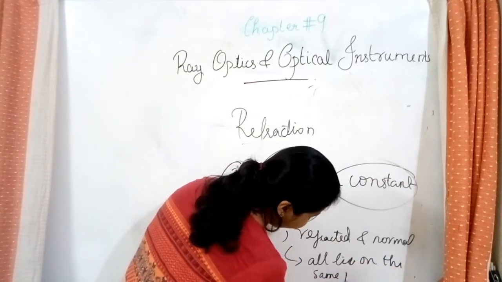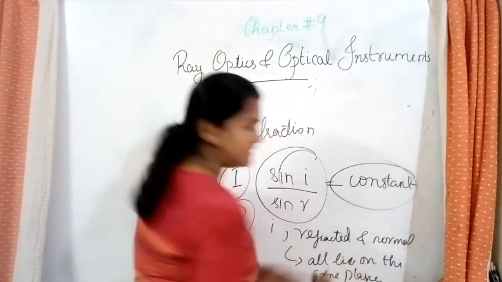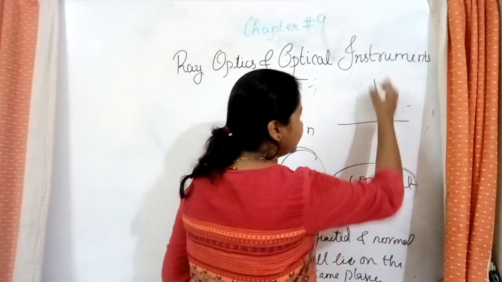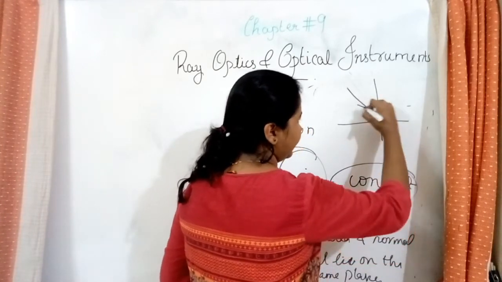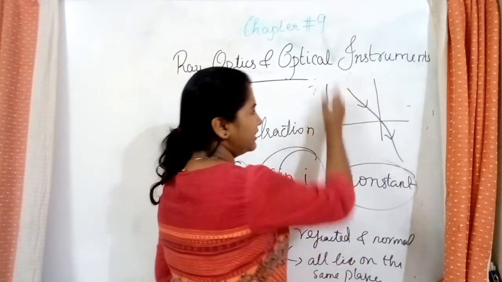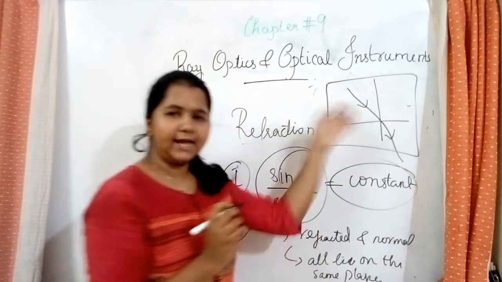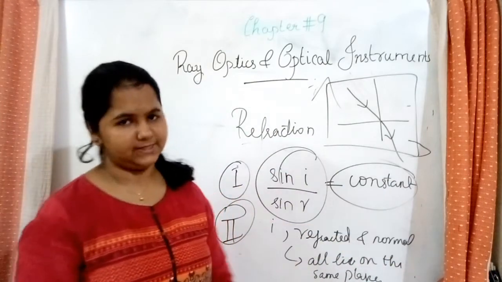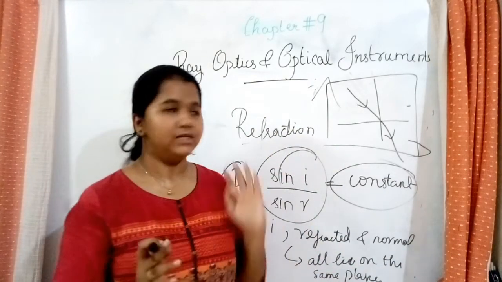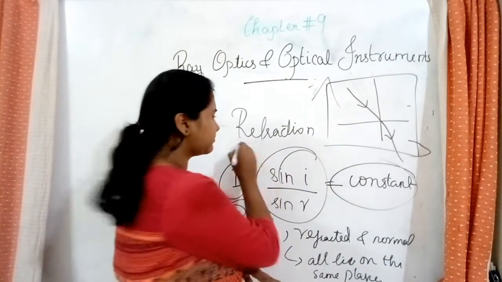Isn't that so? Because we drew this normal, this incident ray, this refracted ray. All of them are on the same 2D surface. This is our x-axis and this is our y-axis. This is on the same surface. So that is the laws of refraction.